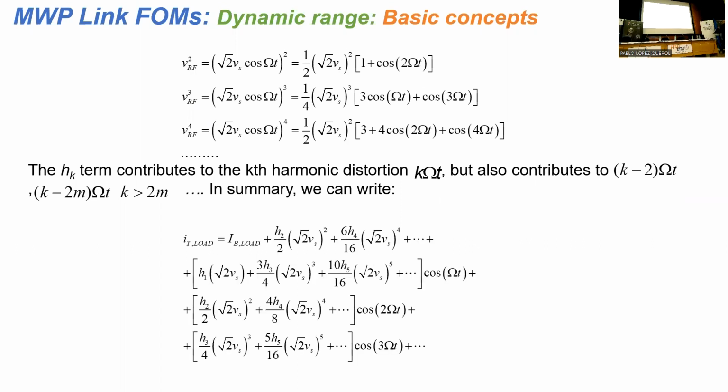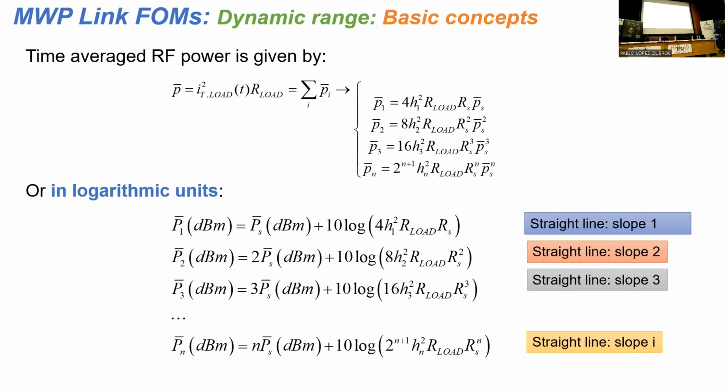So the output current can be very complicated. What you would like to have is an amplitude and only a term in omega, but it turns out that you have harmonic distortion terms, second order, third order. If you average that on your detector, you will find that you have different powers for the different terms.